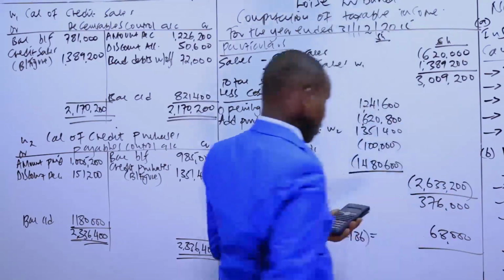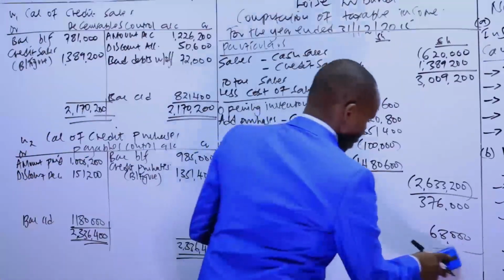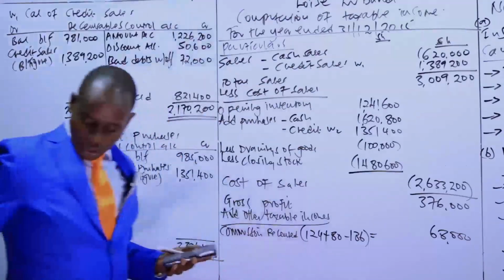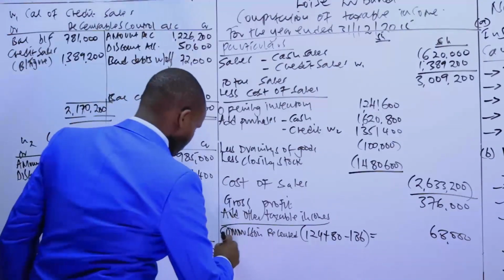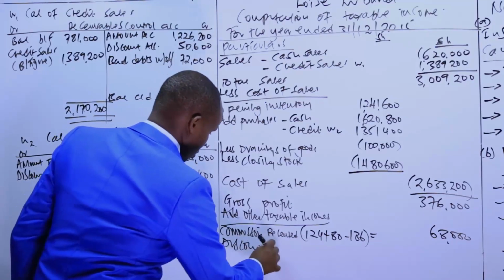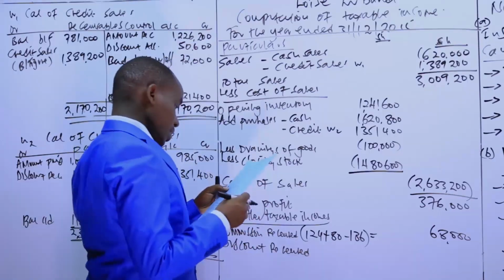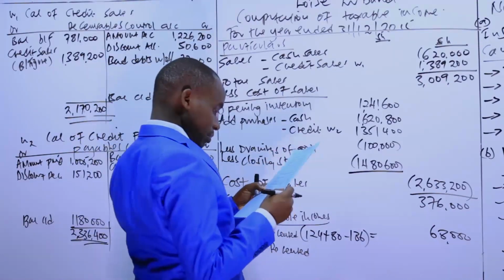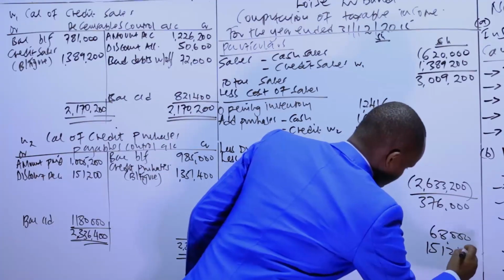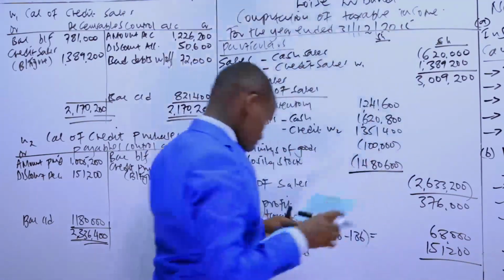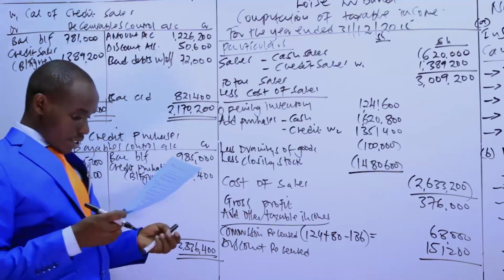And that is the only, no, we also have discount received as another income. Discount received. And the discount received still is another income. Note number 1, 151,200. Those two are the other incomes that we have not captured.